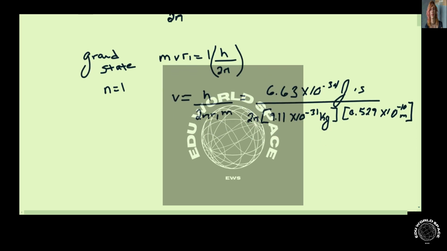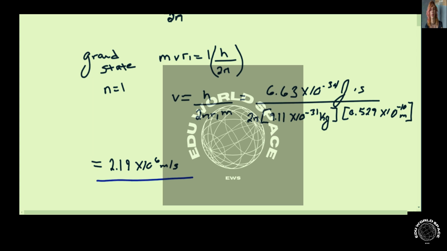And if we plug this entire thing into your calculator, you're going to get 2.19 times 10 to the 6 meters per second. And now we want to take the c out, and you'll see why.